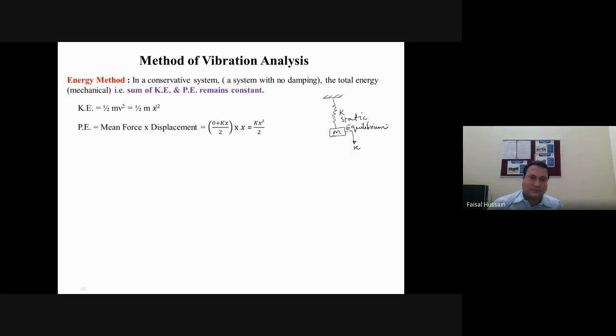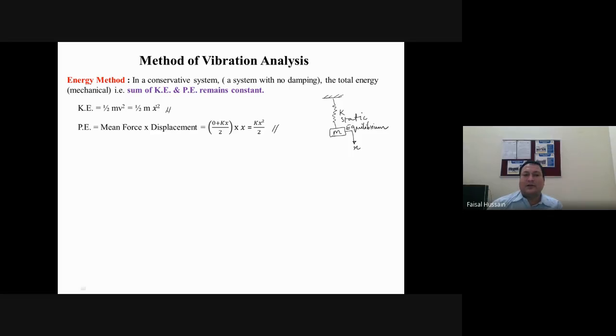Now, potential energy is the product of mean force into displacement. Mean force means the initial force under static condition, which is 0, plus spring force kx, divided by 2, into displacement x. So the potential energy will be kx square by 2. This is our basic potential energy equation, kx square by 2, and kinetic energy is half m x dot square.